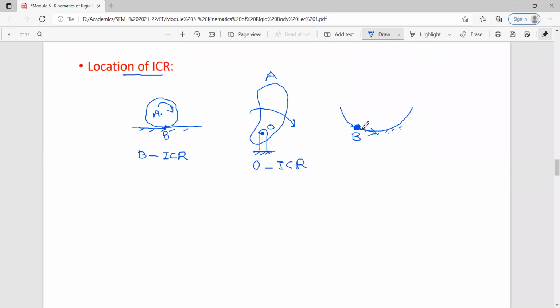Where is the ICR for the bus? Maybe along the wheels? Yes, correct, what you said: the center of that curve. Whatever is the center of the curve being traced, that point is your ICR.